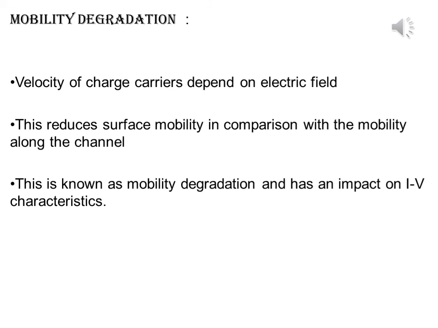Hence they bounce against the surface during their travel. This reduces surface mobility in comparison with the mobility along the channel, and this is known as mobility degradation, and it has an impact on the IV characteristics of MOS transistors. So finally, as the mobility decreases, current also decreases.